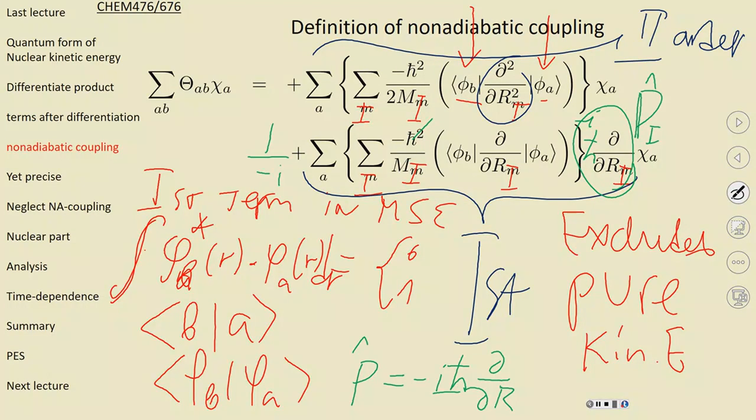So this theta AB is the non-adiabatic coupling between electronic state A and electronic state B. So it's the amplitude of probability of transition from state A to state B due to nuclear motion. This is the definition of non-adiabatic coupling. Only this term.